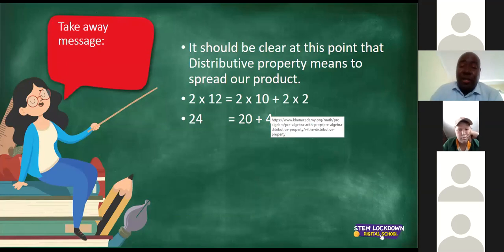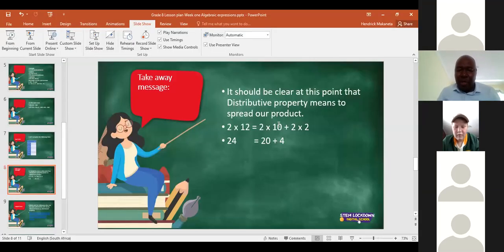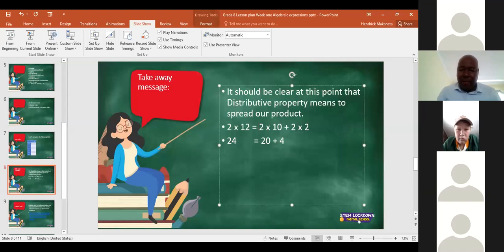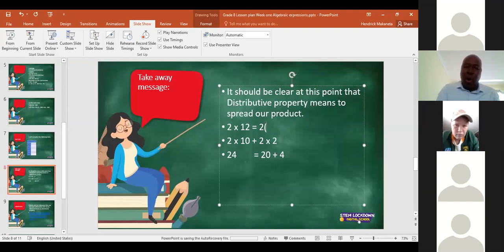And of course, you can write 12 as 10 plus 2. So you can write 2, open bracket, 10 plus 2, so you write 12 as a sum of 10 and 2.